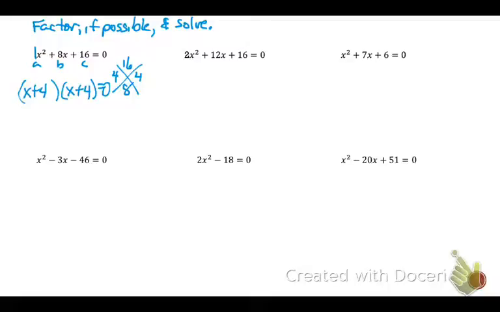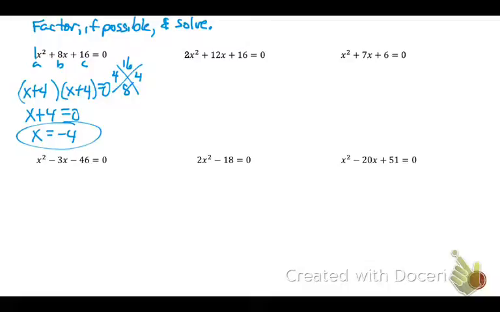Now when you have factors that are exactly the same, you don't need to solve both of them because you're going to get the same answer, 1. So this means the vertex is our solution, and this is going to just touch down on the x-axis where x is -4. Now look at the next problem.